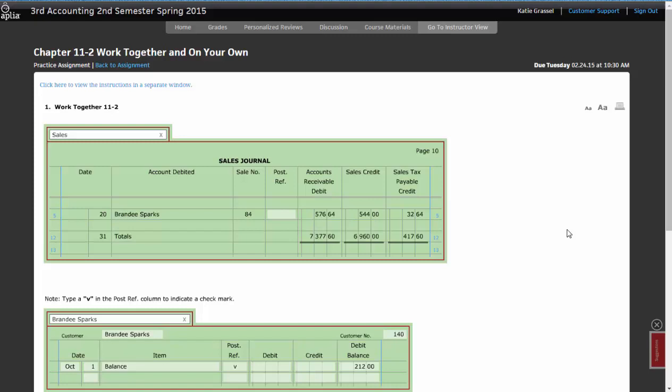Do we have a ledger called sales? Do we have a ledger called sales tax? No, so we're going to be using this number. We're posting to an accounts receivable ledger and we have to use the amount from the accounts receivable column. So we know that Brandy Sparks is being debited because the column heading on our journal does not say account title, it says account debited.